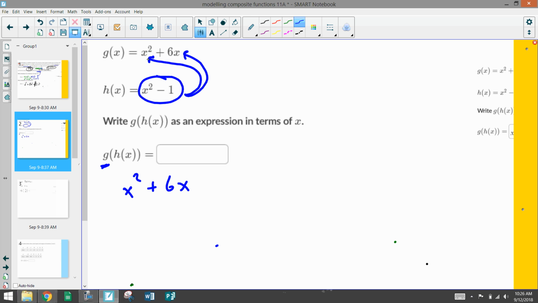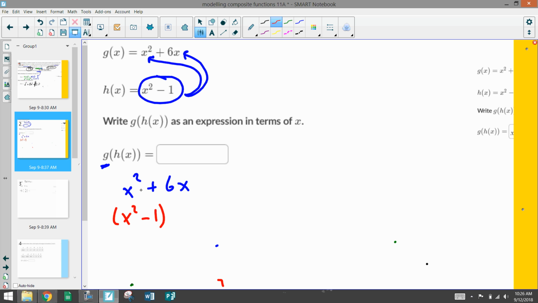So whenever you see x, you will plug in the entire second function, which is h of x, x squared minus 1. All right? So let's get started. When you see x, you plug in the entire second function, which is x squared minus 1.